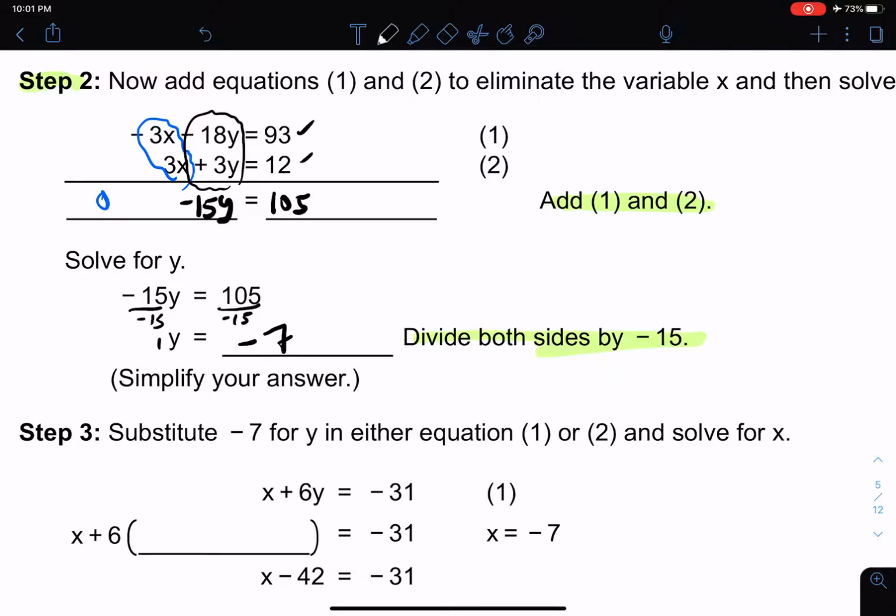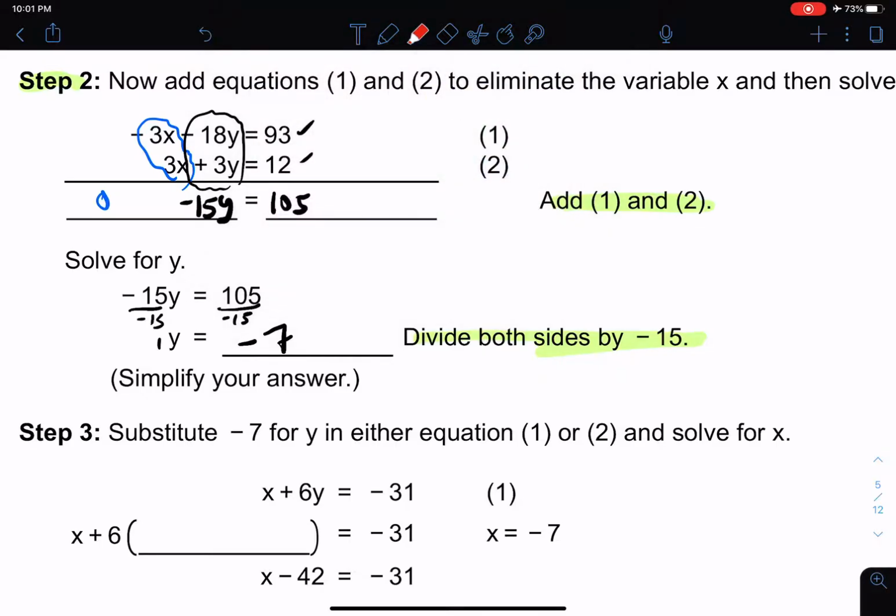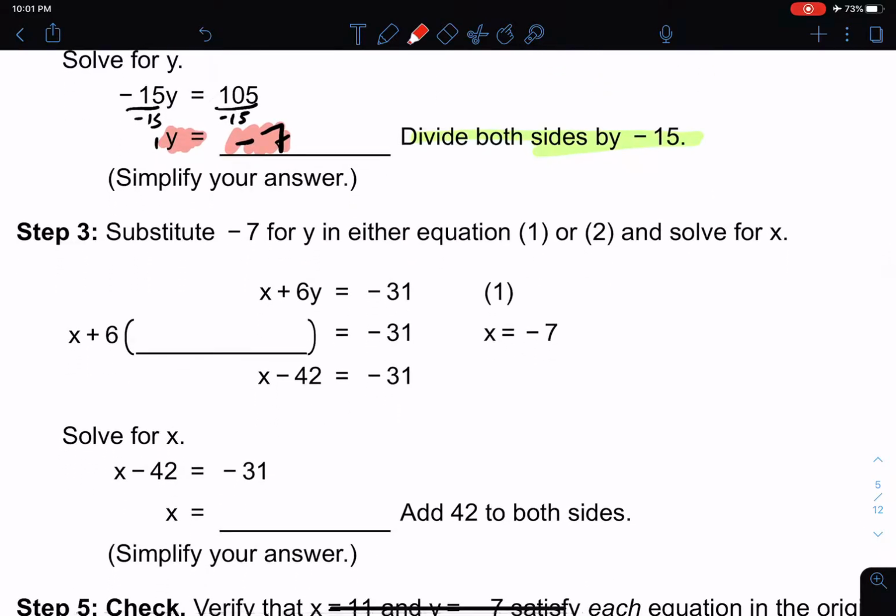So now what we have here, I'm going to use another color. Now what we have here is y equals negative 7. So y is the same as negative 7. So now, after we've done our addition elimination, the next step is just do substitution to finish it off.